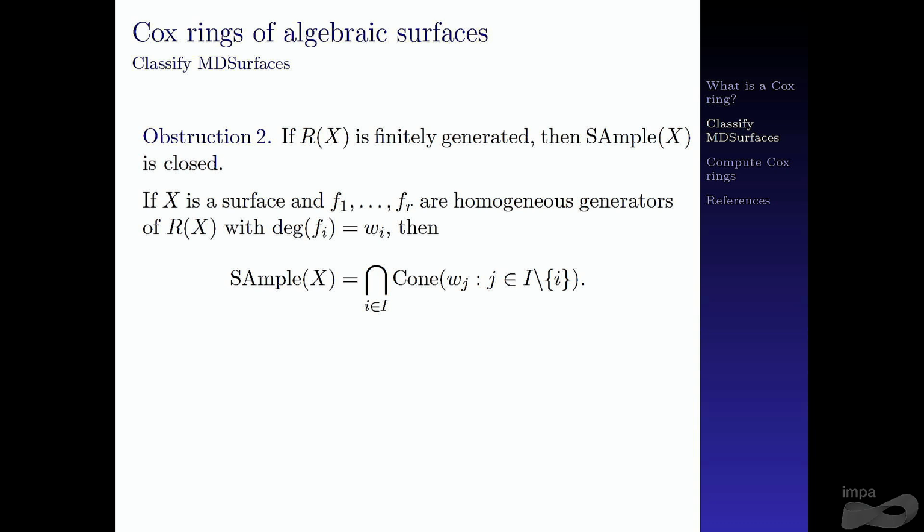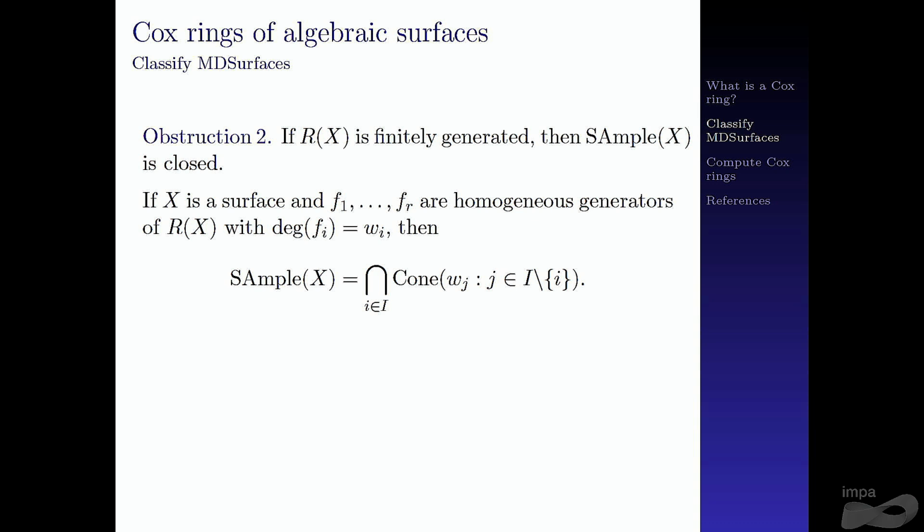It is not difficult to at least have an idea of the reason for this equality. For example, if you have a degree which is not in this intersection, it means that it does not belong to one of these cones, so there is one Wi which is strictly necessary to write that degree.